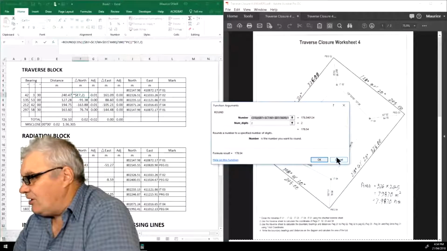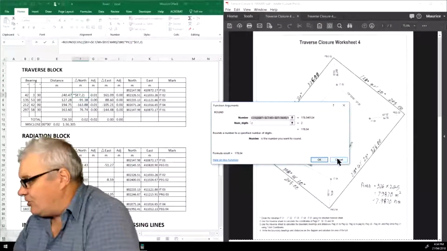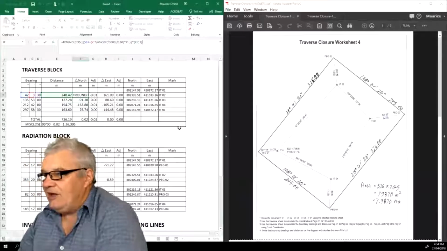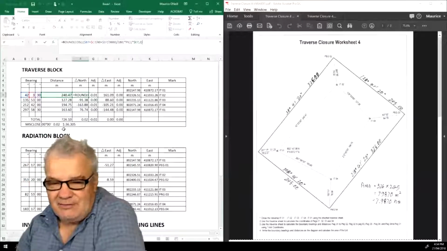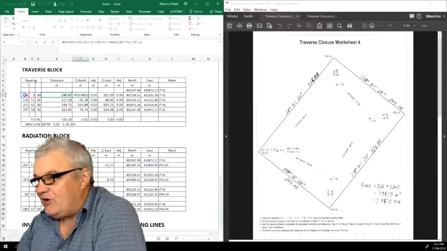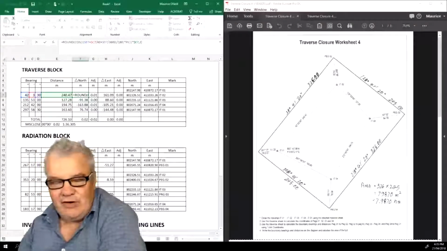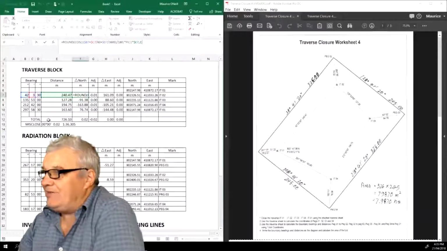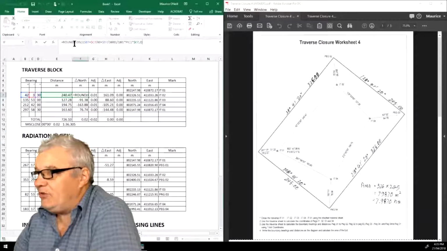Cancel. What's that showing? Oh, the arguments of the function. Perhaps that's not what I wanted. Oh, there we go. Now, the way that I've done my traverse sheet is I put the degrees, minutes, and seconds in separate cells. I find that makes the calculation a lot simpler. I don't have to split them up.